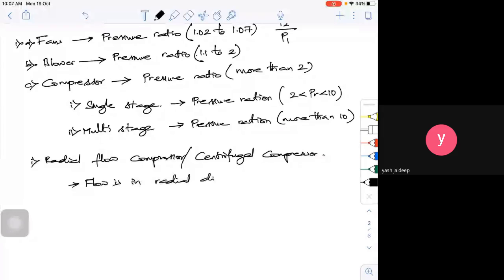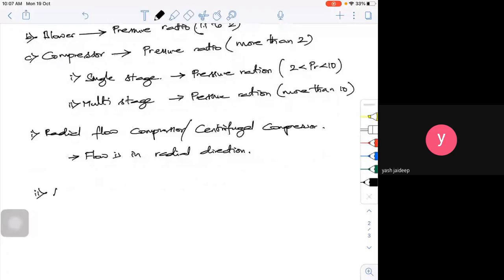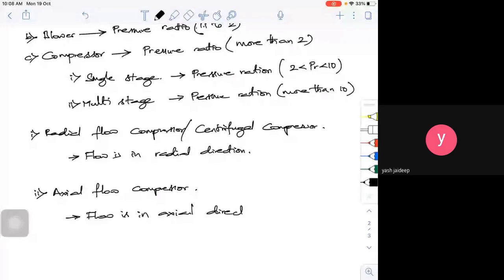The second classification is the axial flow compressor, where the flow is in the axial direction. That's the major difference. If the exit flow is in the radial direction, I call it a centrifugal compressor or radial flow compressor. If the exit flow is in the axial direction, I call it an axial flow compressor.